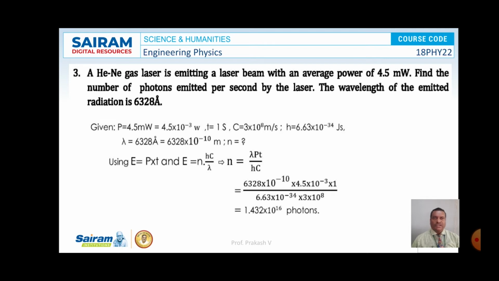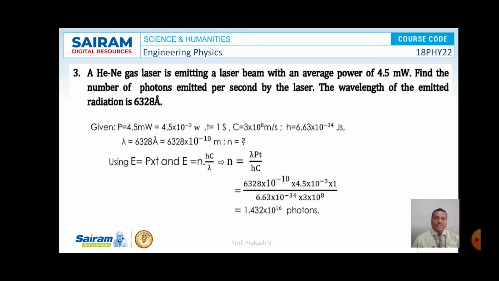So the power is given as 4.5 into 10 to the power of minus 3 watts, and t is 1 second, c is 3 into 10 to the power of 8 meter per second, and h is 6.63 into 10 to the power of minus 34 joule second. So the value of lambda is 6328 angstrom. So what is the value of n here? That is the number of photons.